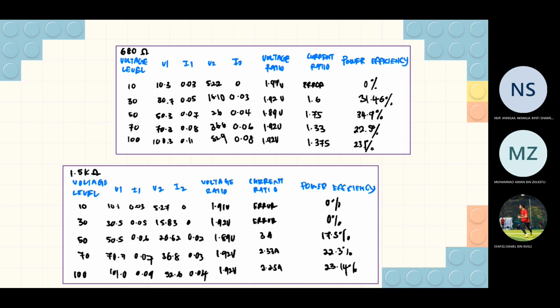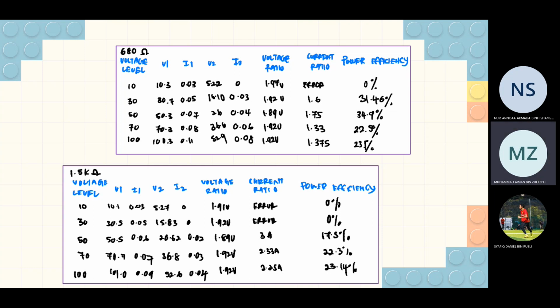For voltage level 70, V1 we get 70.3, I1 0.08, V2 36.6, I2 0.06, voltage ratio 1.92, current ratio 1.33, power efficiency 22.5%.